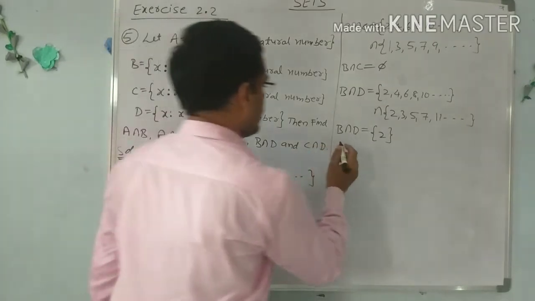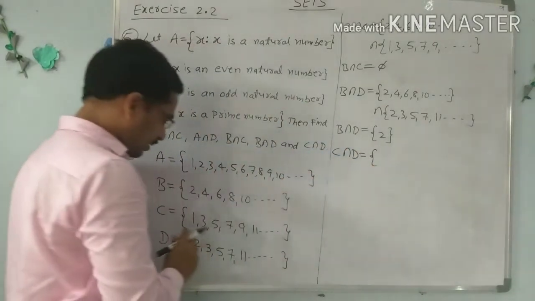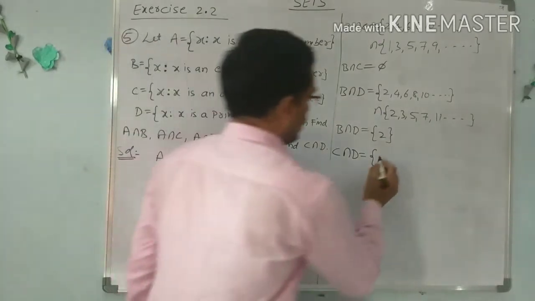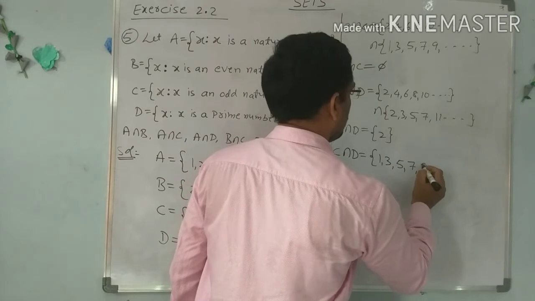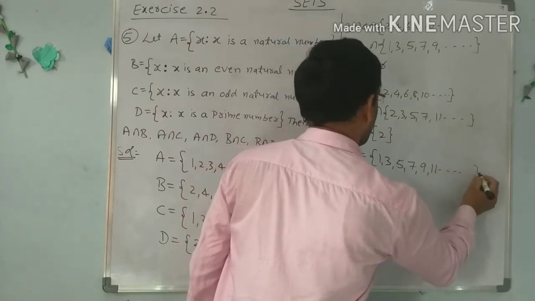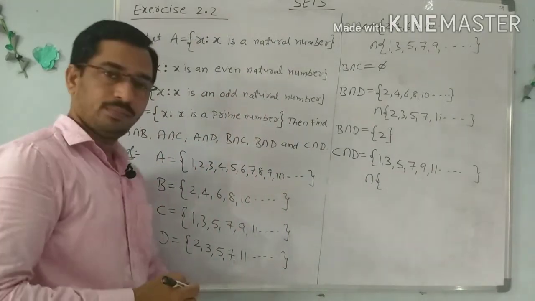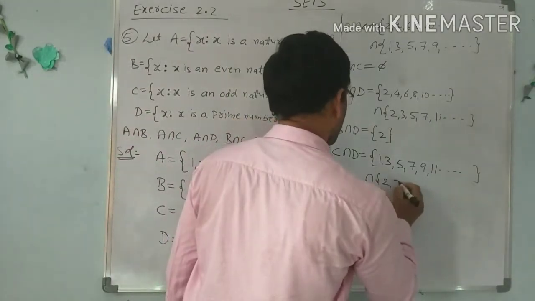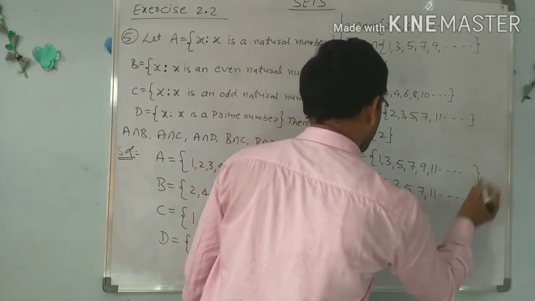Next, C intersection D. C contains all odd numbers: 1, 3, 5, 7, 9, 11. All these are the odd numbers. D contains all prime numbers, meaning 2, 3, 5, 7, 11. All these are the prime numbers.